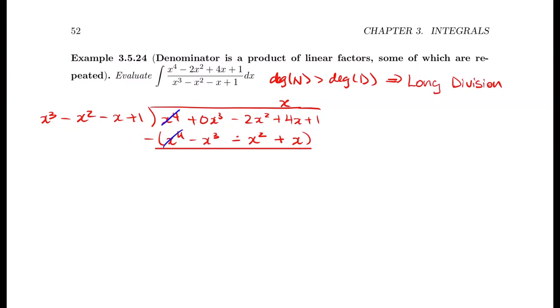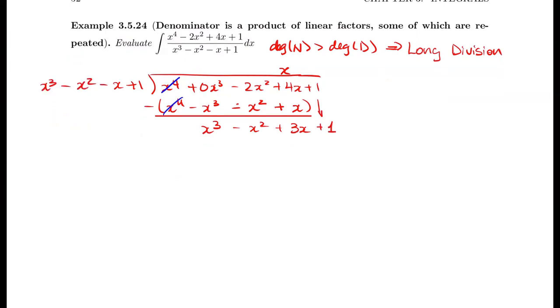And then we would just have, so x cubed here, negative 2x squared plus x squared. So that's going to be negative x squared. This one's going to be 3x. And then we bring down the 1 here. So plus 1. And now how many times does x cubed go into x cubed? Well, only once. So plus 1.